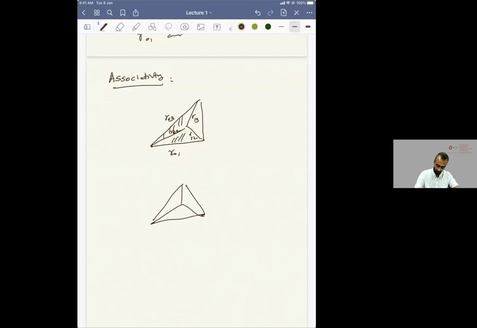You could first combine gamma 1,2 with gamma 1,3 to get some element gamma, what would this be? Oops, I think I've got the indices wrong. Sorry, this is 2,3. This is 1,3. And this would be gamma 1,3.